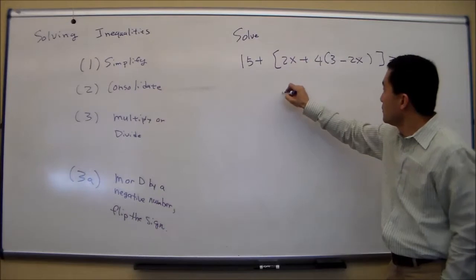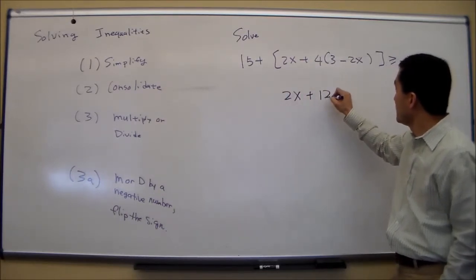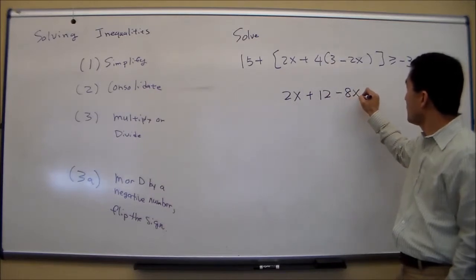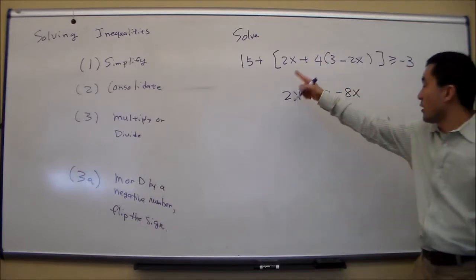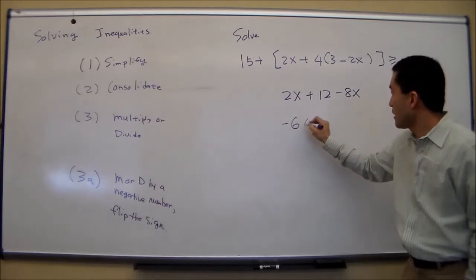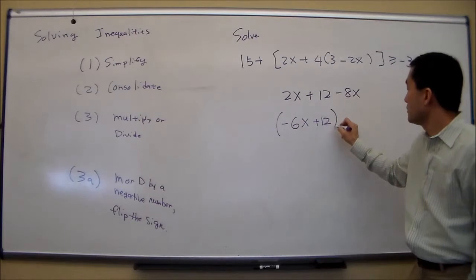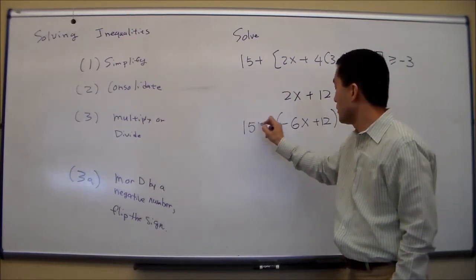So 2x plus 4 times 3, that's 12. 4 times negative 2x, so that's negative 8x. So within the brackets, this reduces to negative 6x plus 12, parentheses. Drop this, 15 plus.